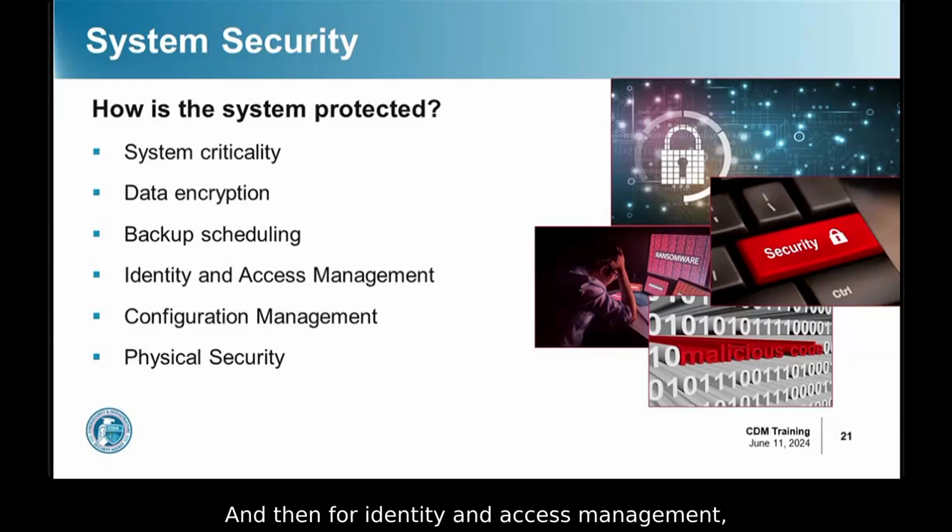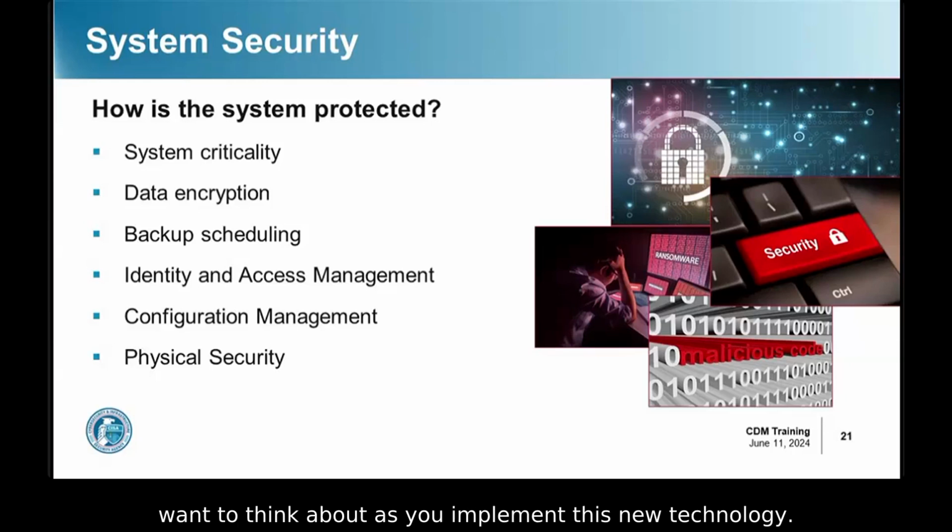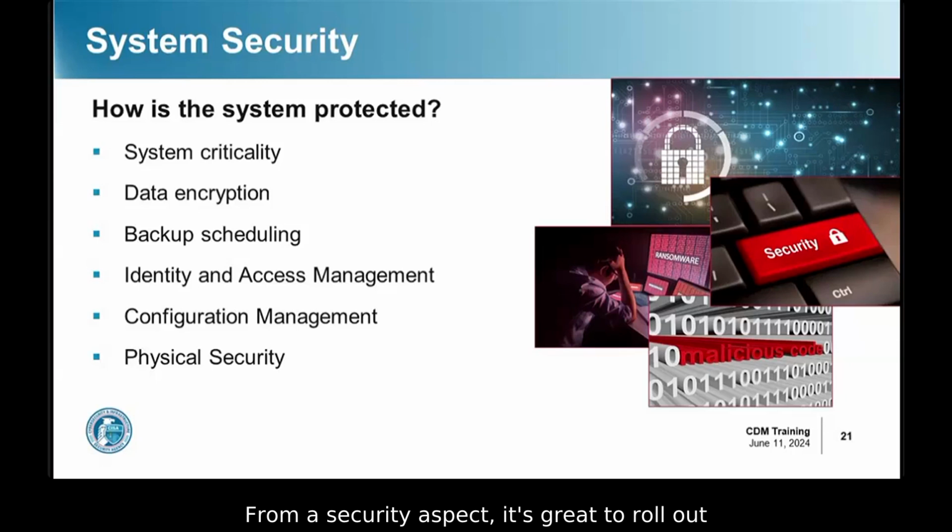And then for identity and access management, how is your system access secured? What is the review process? What is the request process? What are you using to secure them? These are the things that you want to think about as you implement this new technology. From a security aspect, it's great to roll out these technologies, but now you have to think about how they are secured.